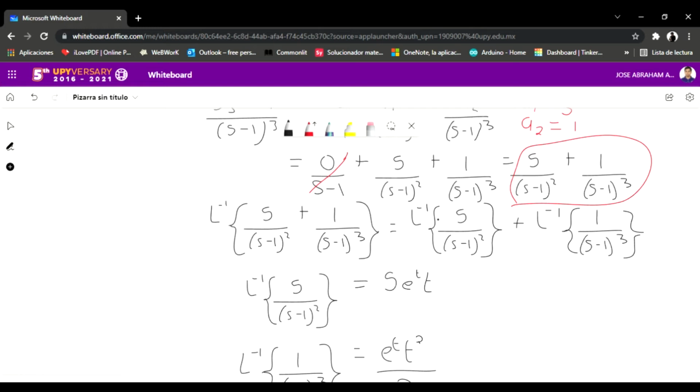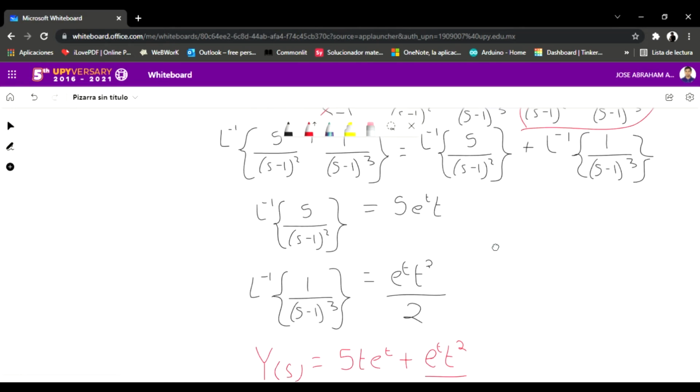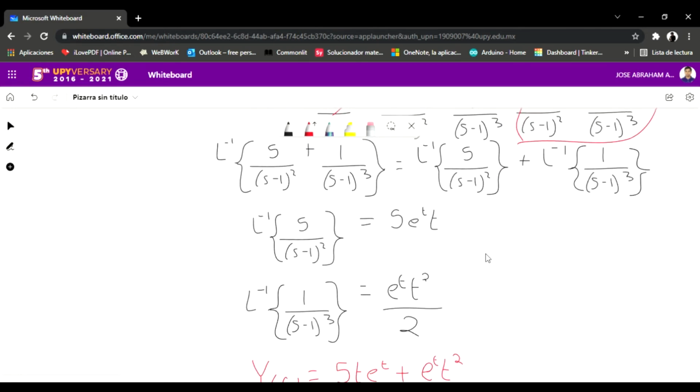So here we got the inverse Laplace transform of 5 over (s minus 1) squared plus the inverse Laplace transform of 1 over (s minus 1) cubed. The inverse Laplace transform of 5 over (s minus 1) squared is equal to 5 by e to the t by t.